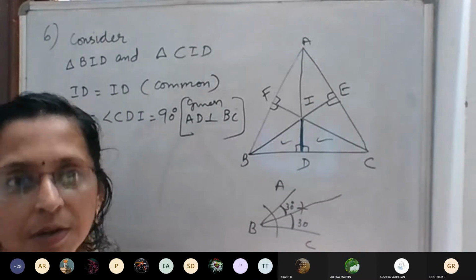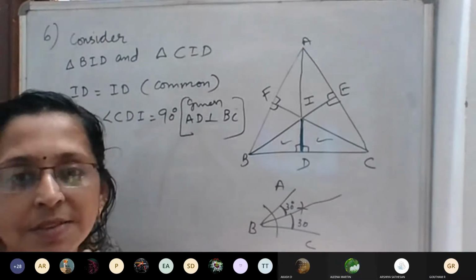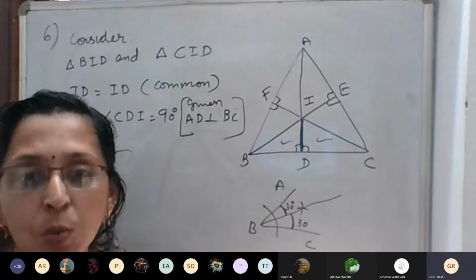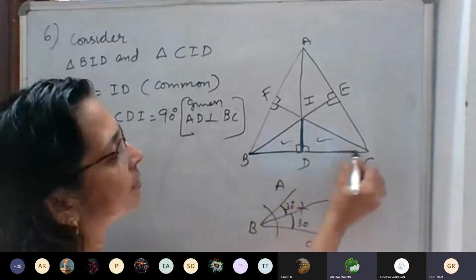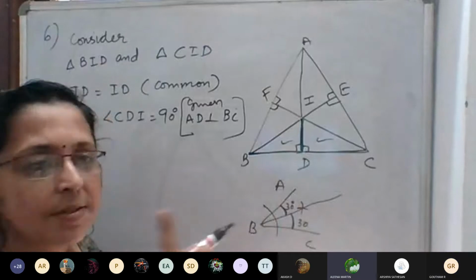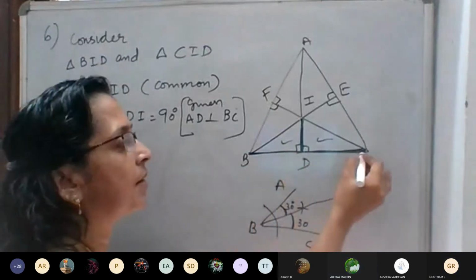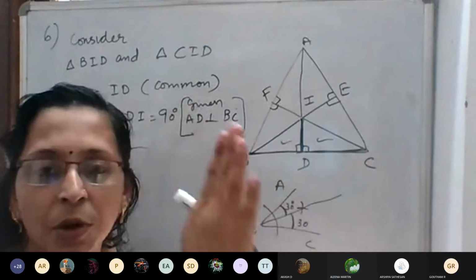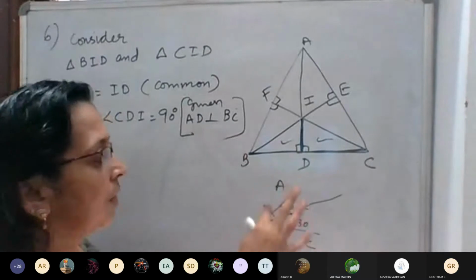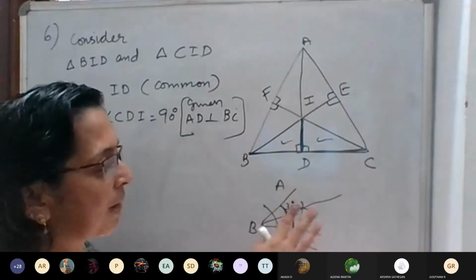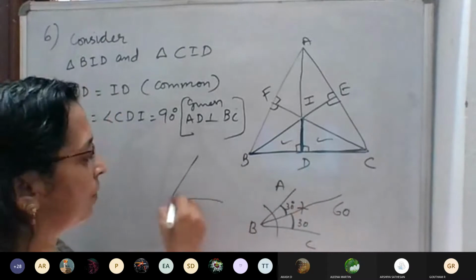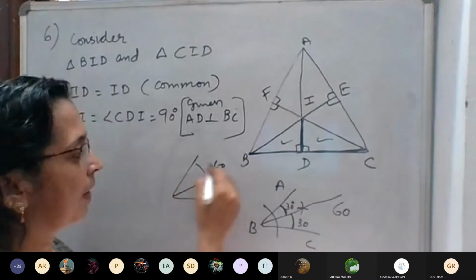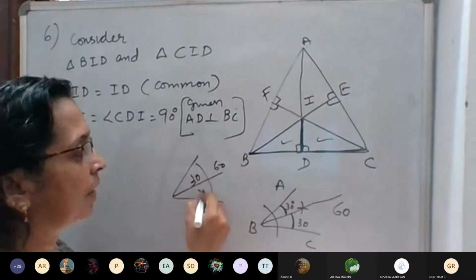Bisect means into half, exactly half. So we can say BD is equal to CD. Same as the angle bisector: if you draw a bisector of a 60 degree angle, you get 30 degree.